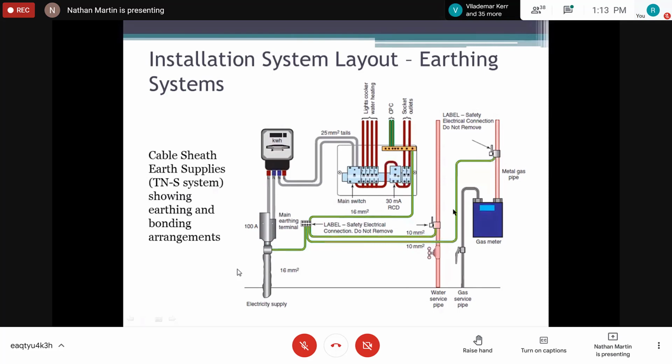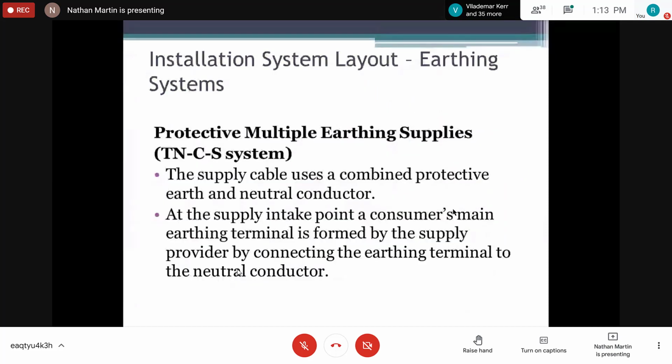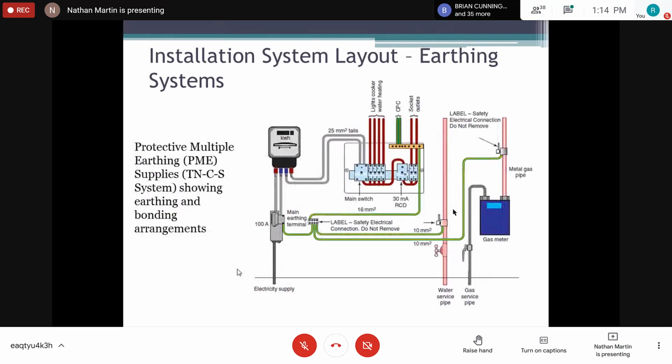The TN-C-S system, right? The supply cable uses a combined protective earth and neutral at the supply intake. So we have a combined protective earth and neutral, right? So they are combined at the supply intake point at the consumer main, right? So this is the type of system that we're talking about.